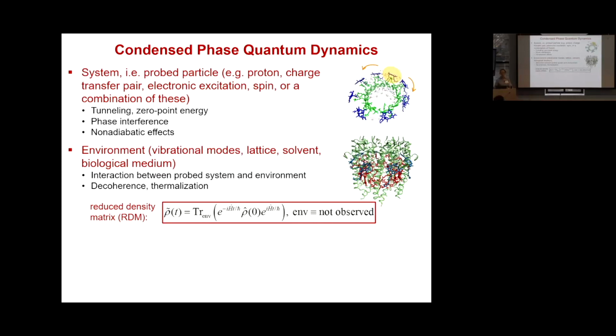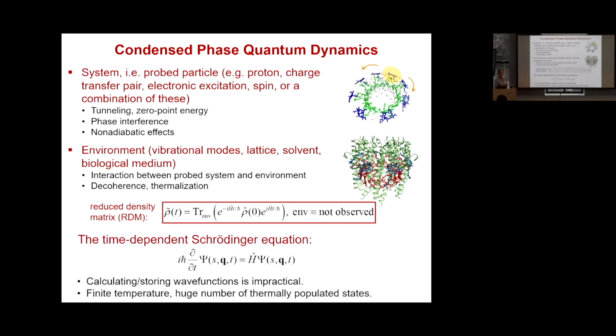So since we're interested in the system, when I say system, I refer to what we are probing directly. We are going to be computing the reduced density matrix, which is the density matrix propagated to time t traced with respect to all the degrees of freedom of the environment. How do we calculate this?